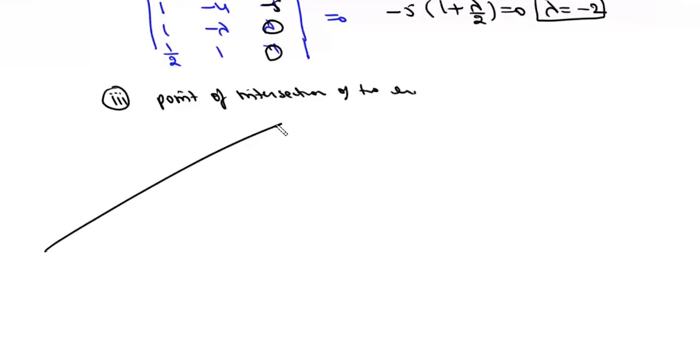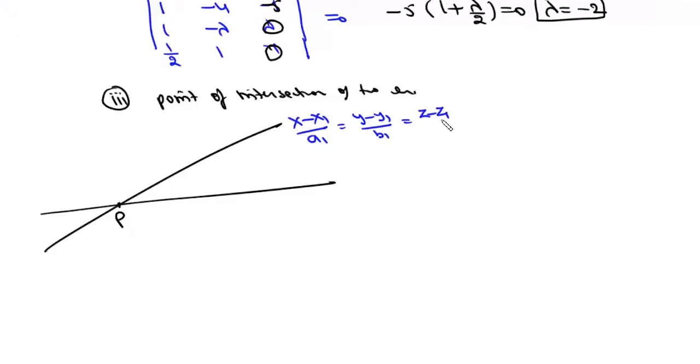If the two lines are coplanar and they intersect, then we can find their point of intersection, say P. Now we are given this first equation, which is x minus x1 upon a1 equals y minus y1 upon b1 equals z minus z1 upon c1, and here this is x minus x2 upon a2, and y minus y2 upon b2, and it is equal to z minus z2 upon c2. Now we need to find whether these two lines are coplanar or they intersect, and if they intersect, we need to find their point of intersection.